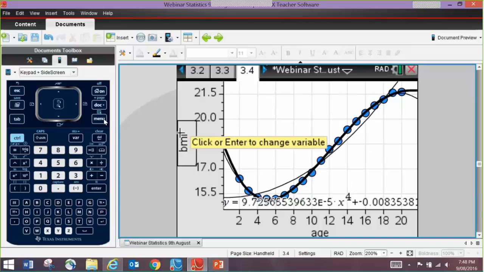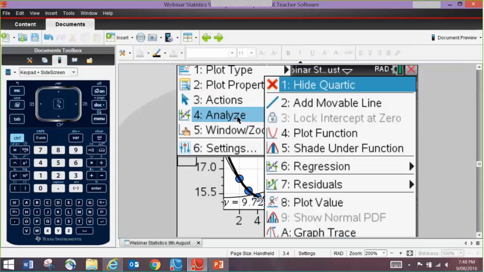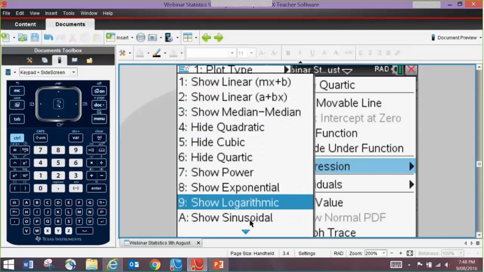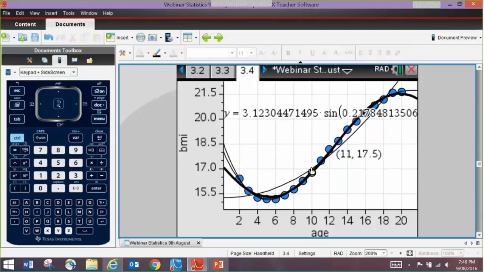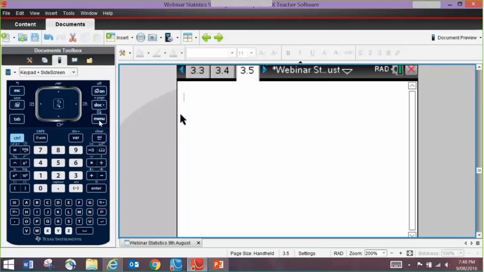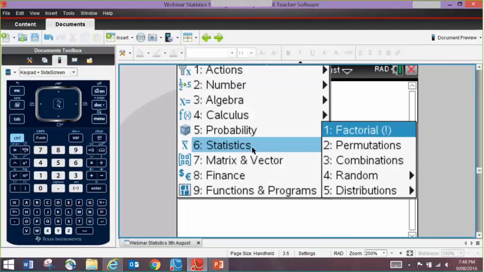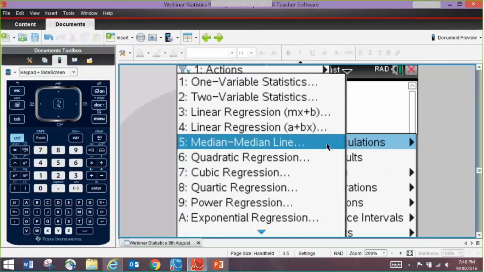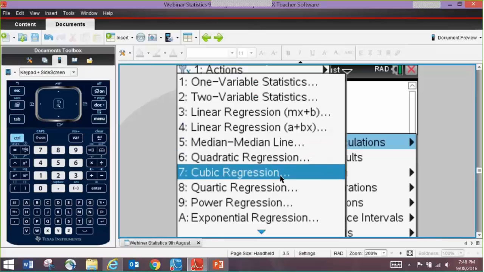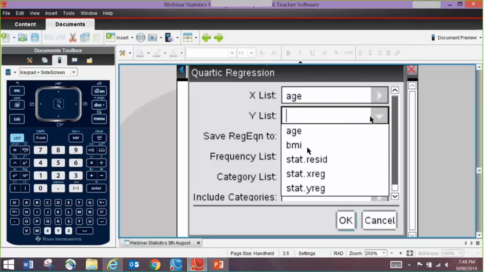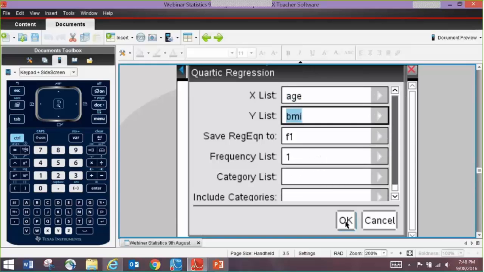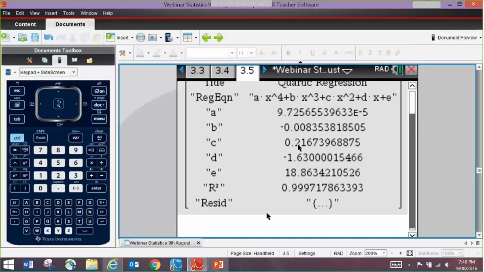But there's an interesting thing with the quartic, which we'll get to in a moment, and of course the other one that they might like to use is the sinusoidal. So in each case we can see perhaps better fits to the graph. As I said, the quadratic obviously wasn't particularly good, but if we go to the quartic regression, the age and the BMI, it actually looked like it fit very well.